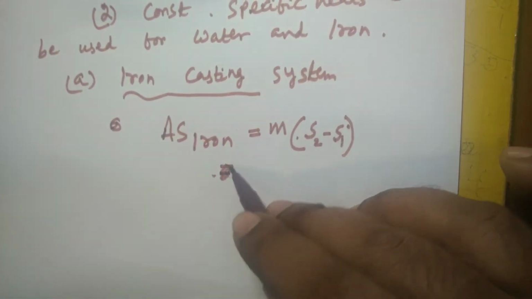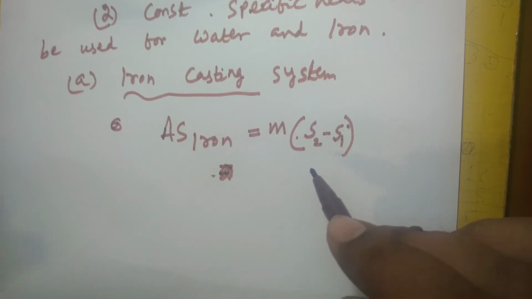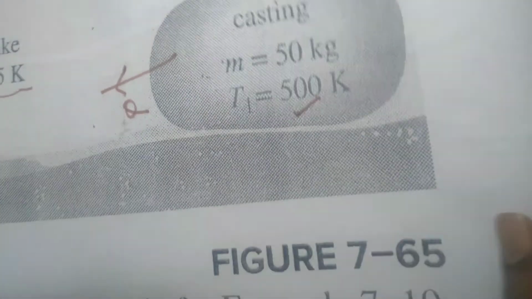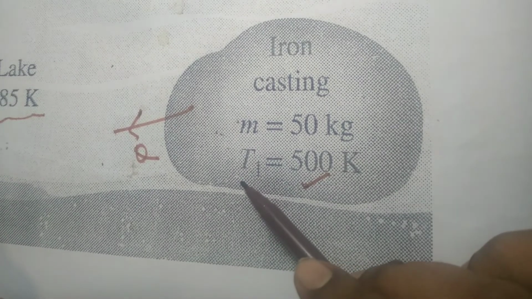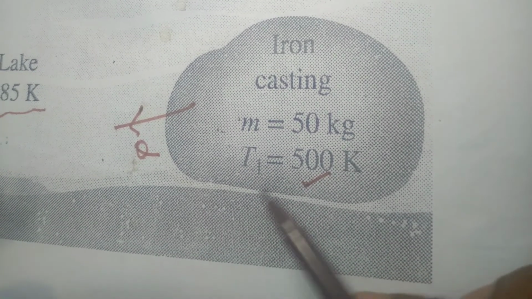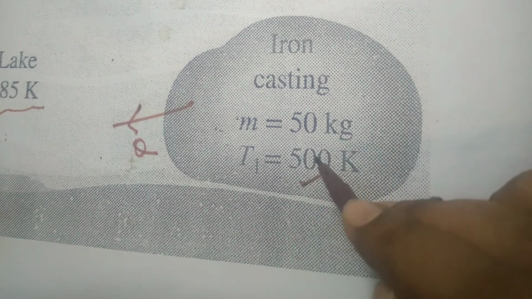We are required to find that out. For that, in this case only entropy transfer through heat transfer is taking place, because the iron casting is a closed system. In fact, the change in entropy of iron will be calculated on the basis of the equation that you know.